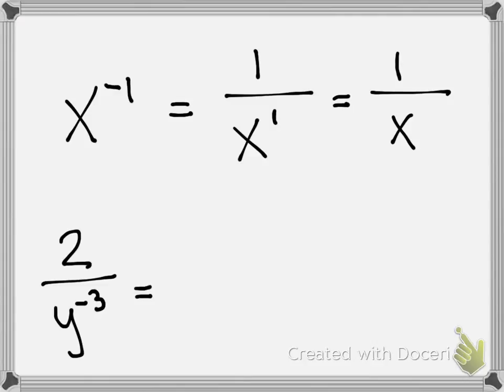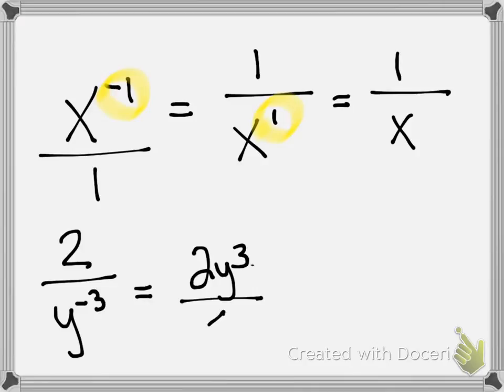That is the same thing as 2y to the positive 3. So what you notice is when I move a negative exponent to the other part of the fraction, it switches to positive. In my first example, the negative 1 was in the numerator, and I flipped it to the denominator, so it went positive. In the second example, the y to the negative 3 was in the denominator, so when I move it to the numerator, it becomes positive.